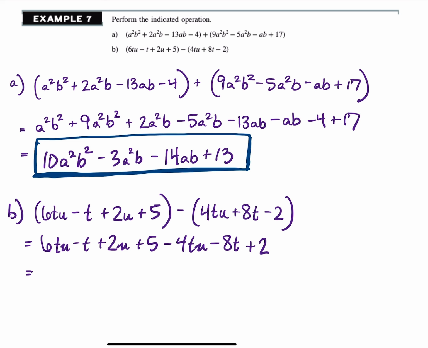Let me pair my like terms together. So I have 6tu minus 4tu. I have this minus 1t, and on the right polynomial I have minus 8t. I have the 2u on the first one, and there's no term that just has a u in my second one. And then I have plus 5 plus 2.